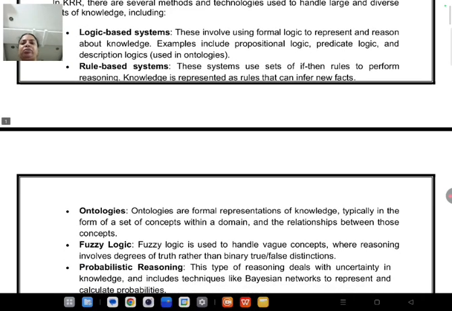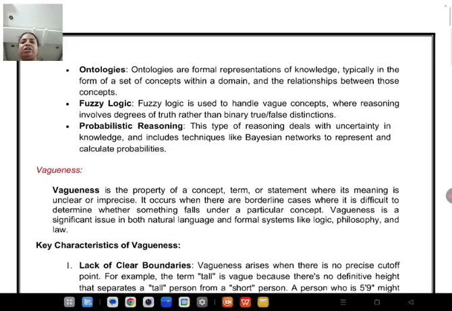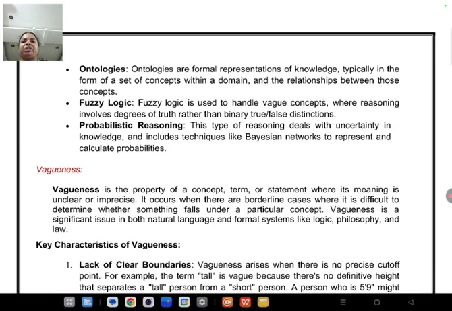Next is rule-based systems, where we check if-conditions and repetitive conditional-based systems, which also continues with association rule mining and others. Next is ontologies, where we check with the domain, concept and situation, so we collect the data with proper domain-related words.